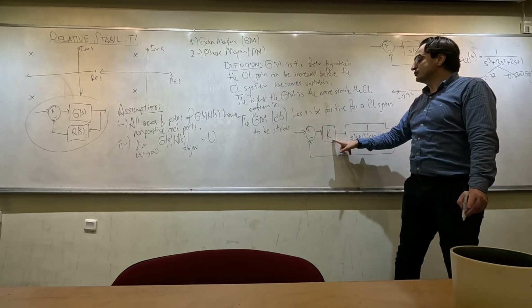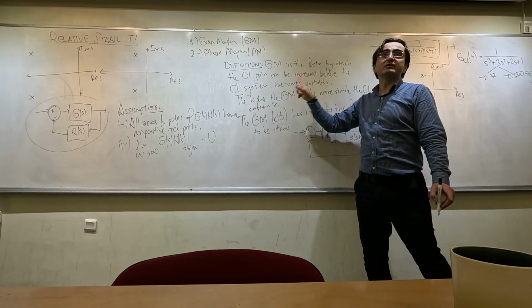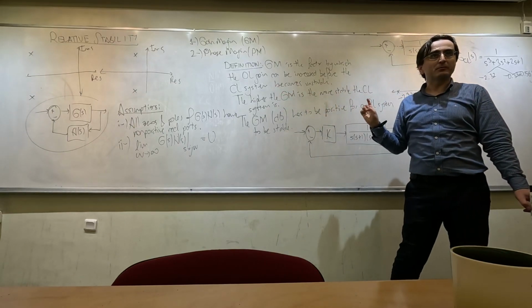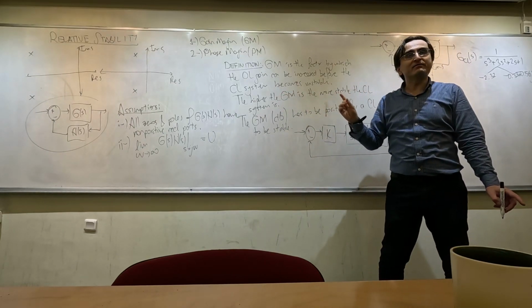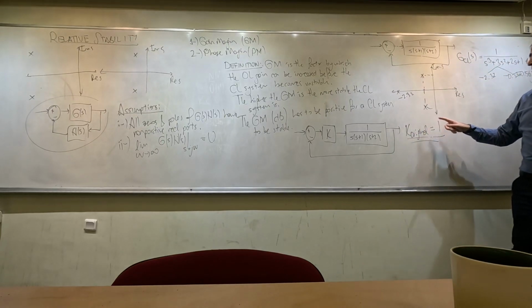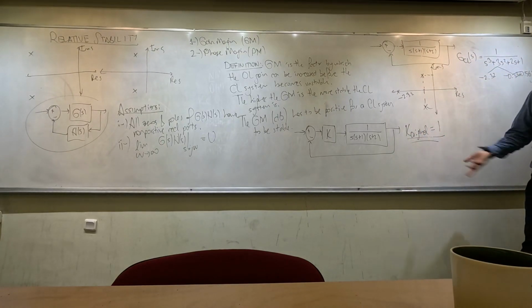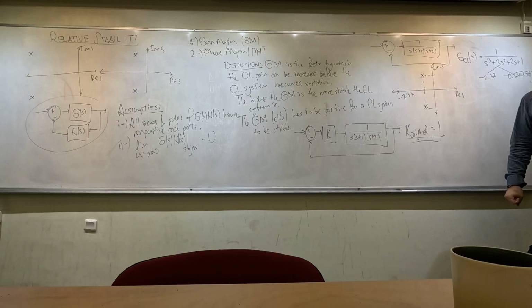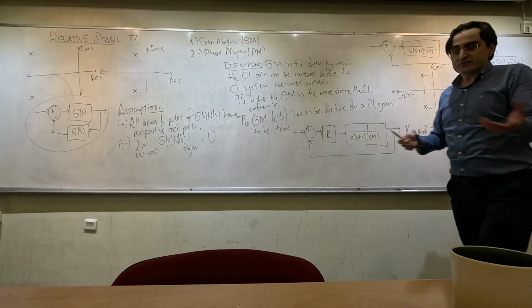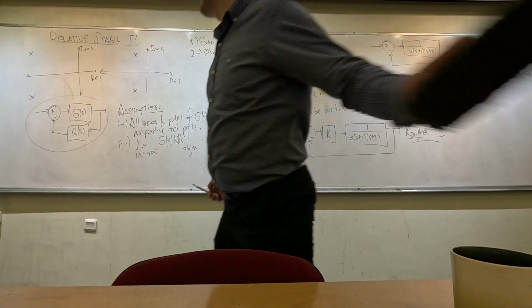I will increase this open loop gain until the closed loop system becomes unstable. Then that specific k value divided by this k original is going to be my gain margin in linear scale. And the larger that value is, the more stable I'm going to call my system. So here, let us try to find that k value.